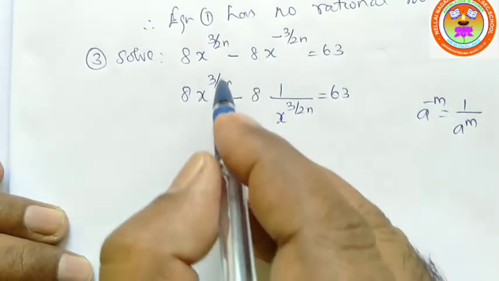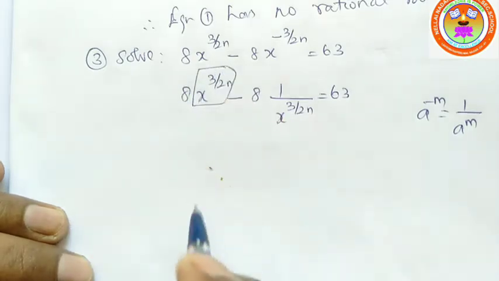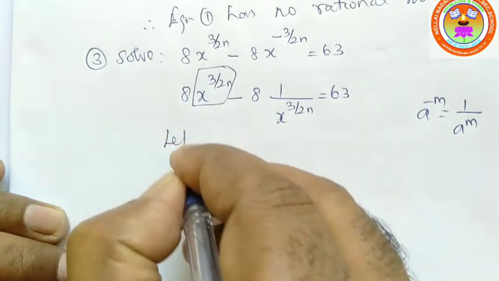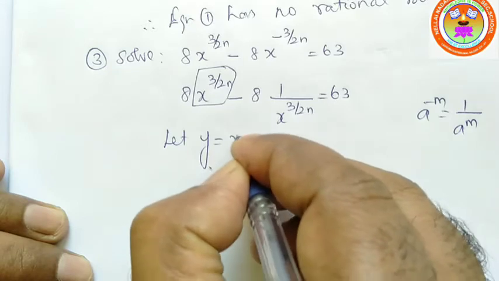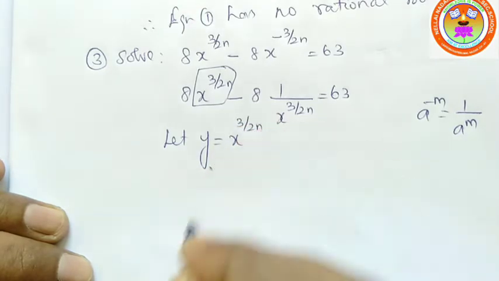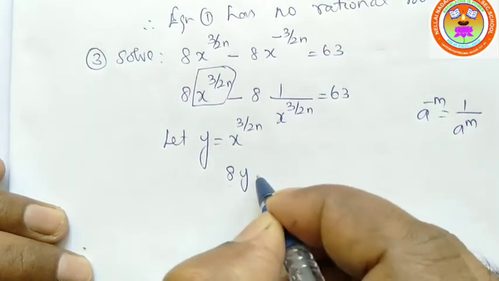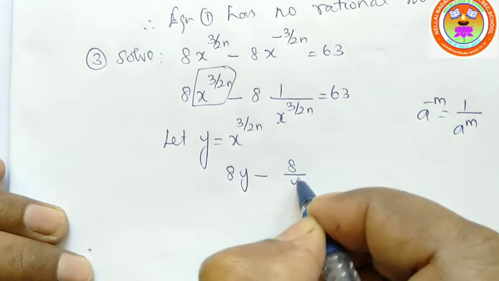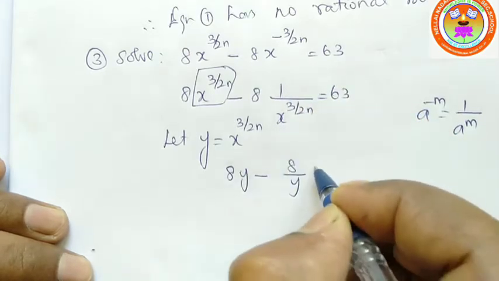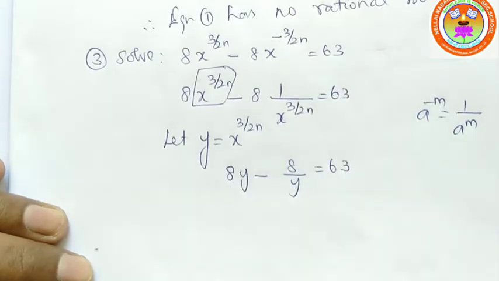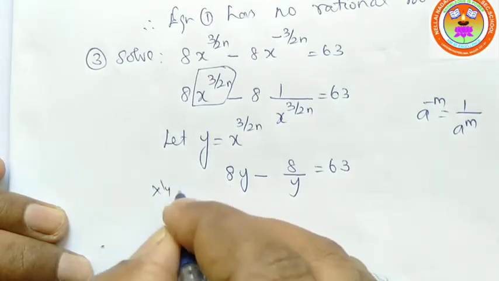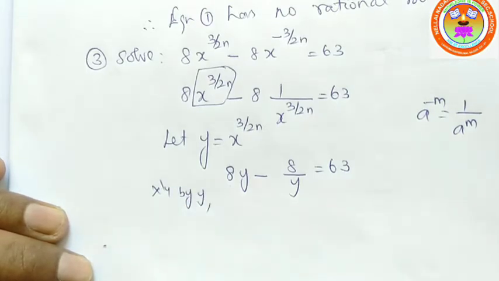Now let us take this term as another variable. So let y is equal to x raised to 3 by 2n. So the given equation becomes 8 into y minus 8 by y, which is equal to 63. Multiply by y.